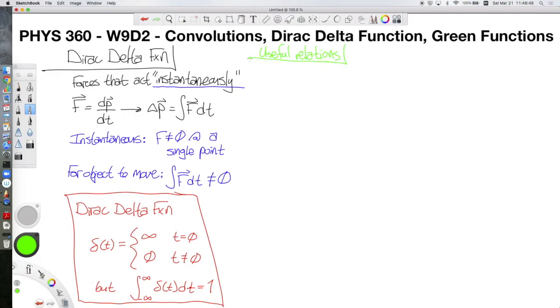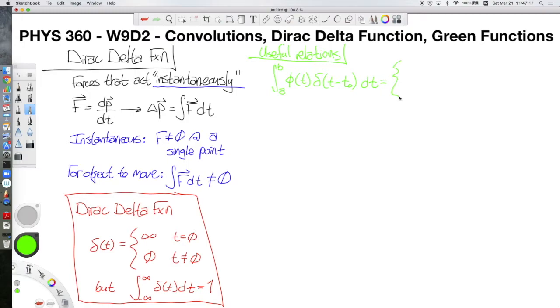One of the most useful things a Dirac delta function can do is help us pick out a specific value of a function. So if we take the integral from a to b of phi of t times the Dirac delta function of t minus t naught dt, well, we want to think about what the answer to this could be.